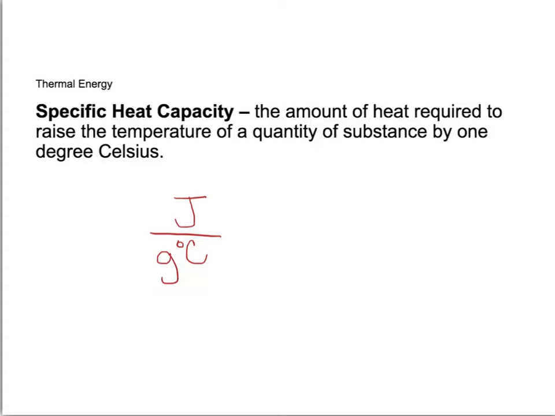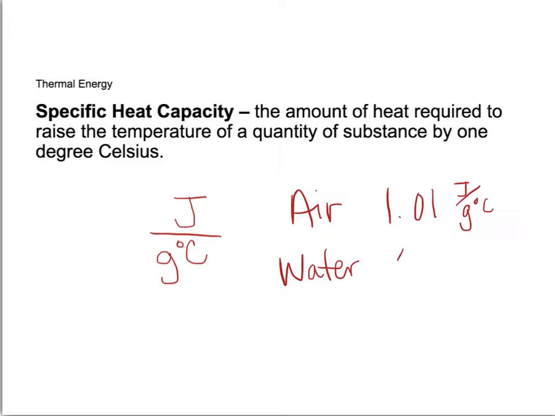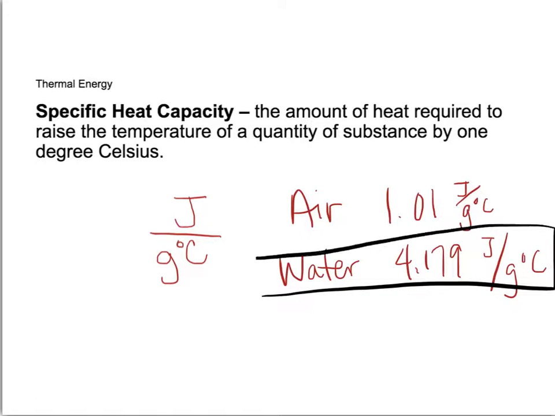Something like air has a specific heat capacity of 1.01 joules per gram degree Celsius, and something like water has a specific heat capacity of 4.179 joules per gram degree Celsius. What that means is that it takes a whole lot more energy to increase the temperature of water by 1 degree Celsius than it does air. And that's really all that specific heat capacity tells us.